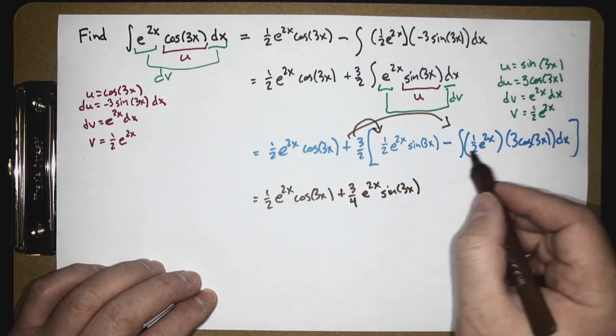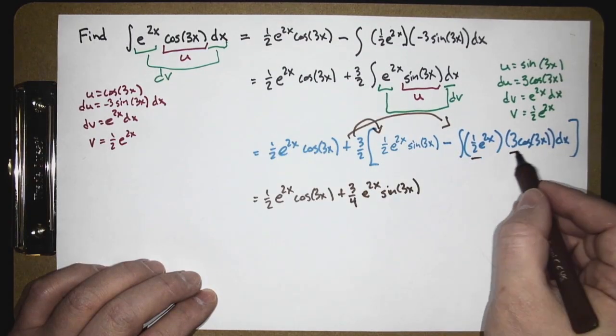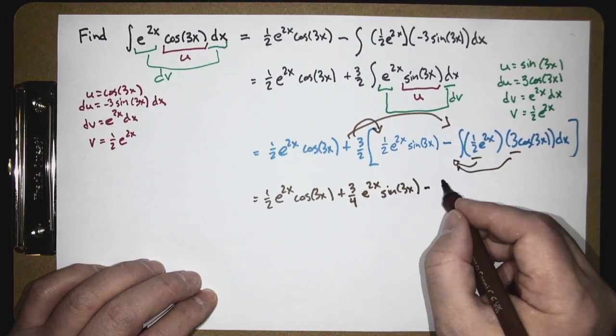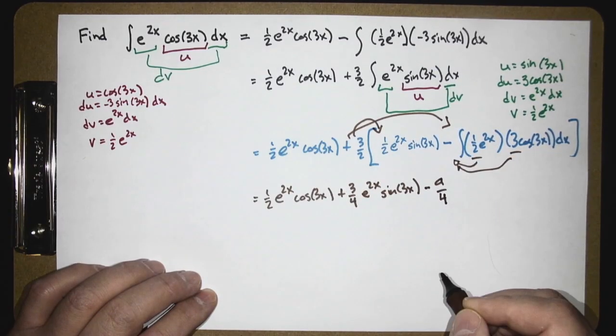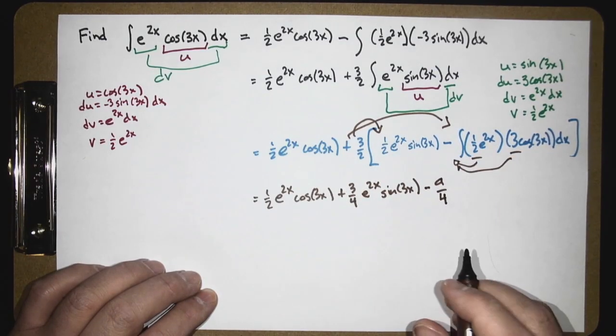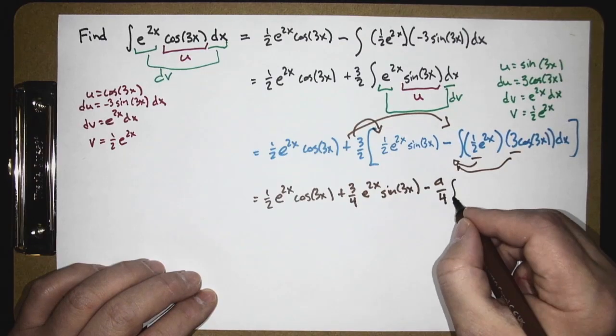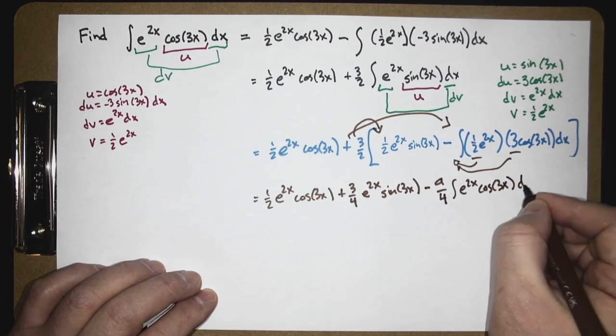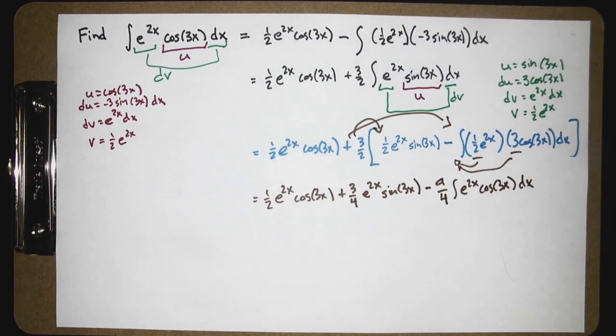Now I can pull a 3/2 out from the integral. And there's a 3/2 coming in, so that makes minus 9/4. Yes? Yeah, that sounds right. Integral e to the 2x cosine 3x dx. And now, we're like, cool, what's next?